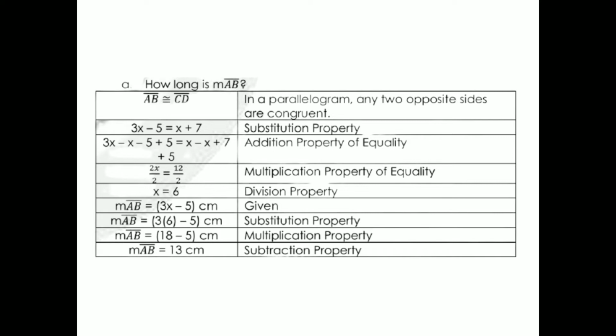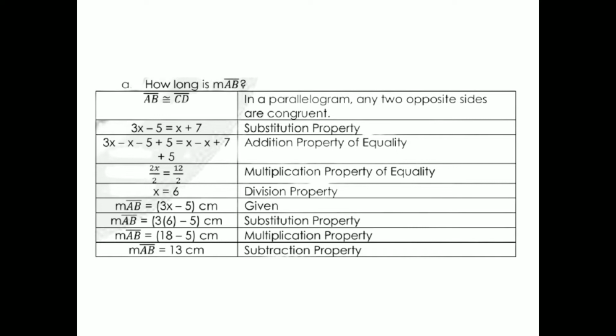So yung given natin, since side AB is equal to 3x minus 5 cm, substitute lang natin yung value ni x para malaman natin kung anong yung length ng side na yun. So yung side AB is equal to 3x minus 5 cm, substitute natin yung 6. So ang lalabas is 13 cm.